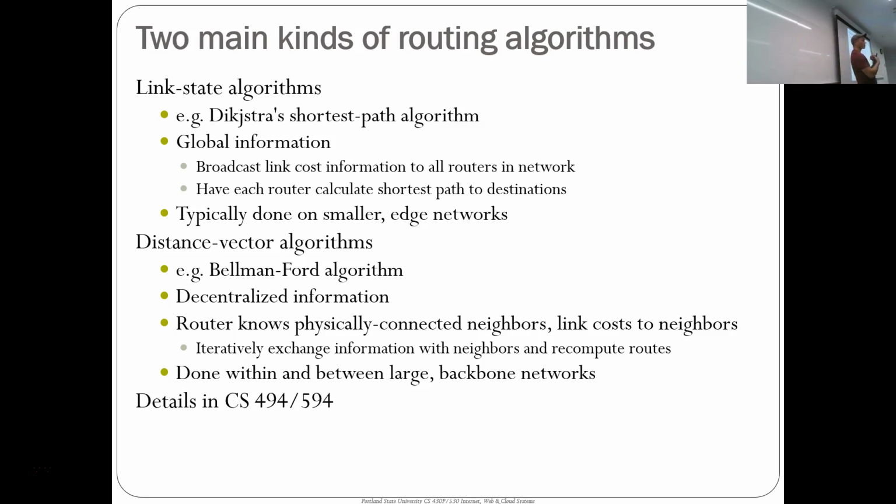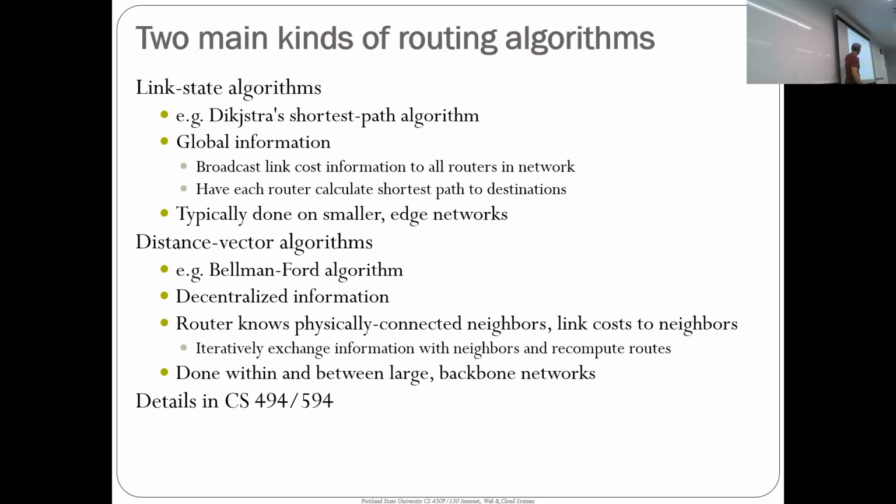Rather than broadcast global link state to all the nodes, a single node knows its link information and basically broadcasts it to its neighbors. Its neighbors will learn about that and broadcast it to its neighbors, and then over a number of rounds, you will converge on a routing table that you can use to forward packets.